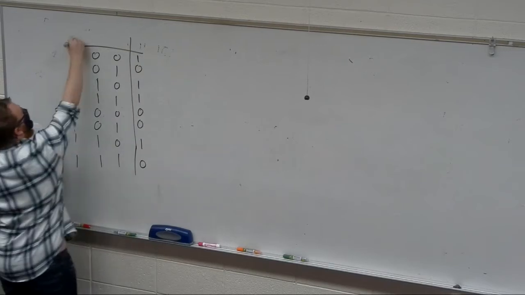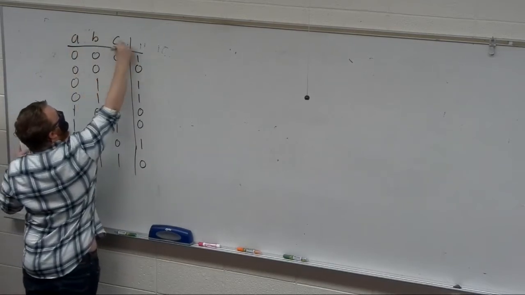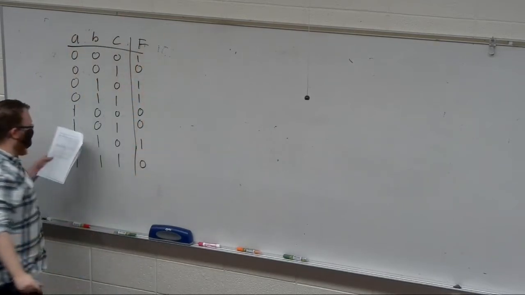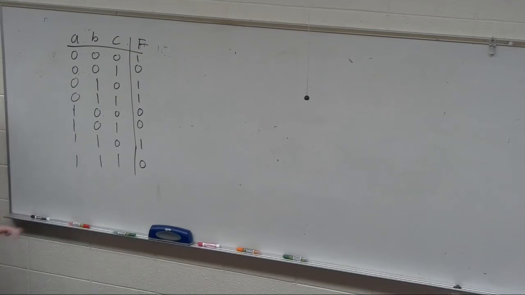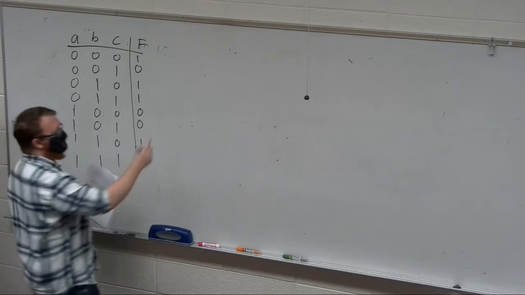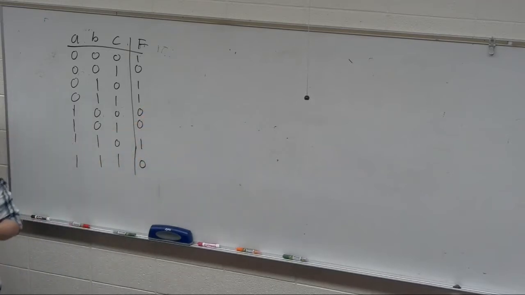Okay. A, B, C, F. I would like you to take this truth table, turn it into a K-map, right? This is just going to be a 2x4, and then fill it out and come up with the expression. Give me a couple of minutes.